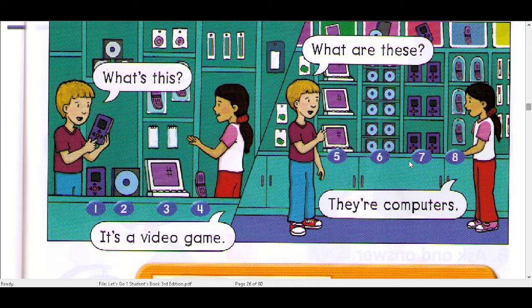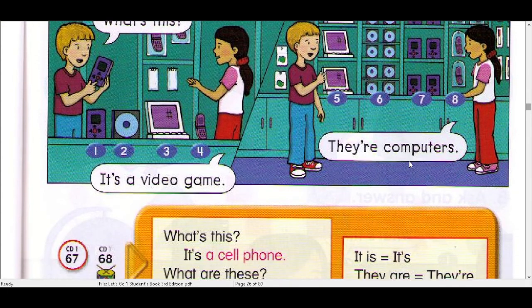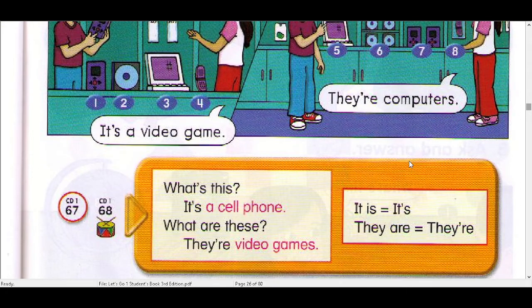They're video games. Number 8. What are these? They're cell phones. Track 67. What's this? It's a cell phone. What are these? They're video games. It is. It's. They are. They're. What's this?